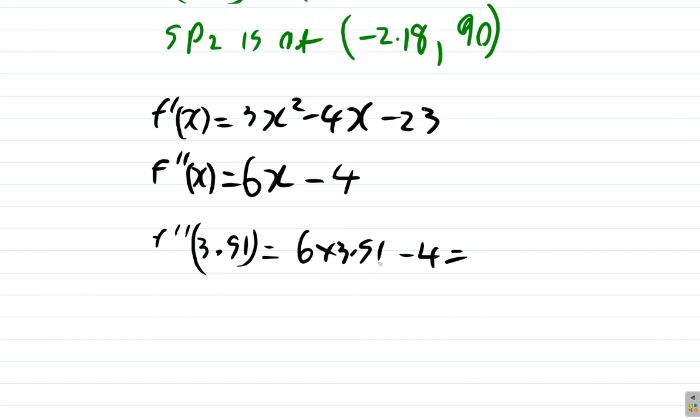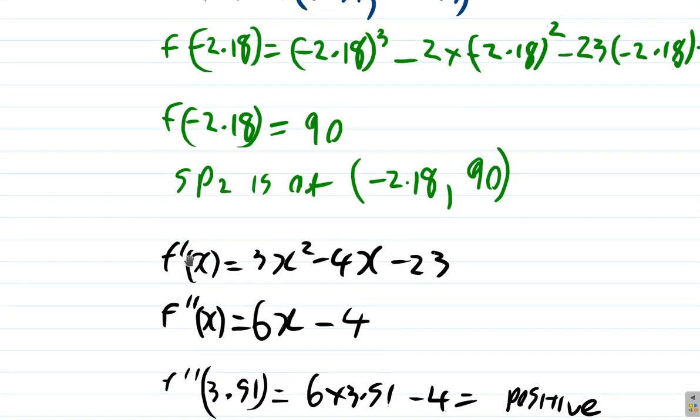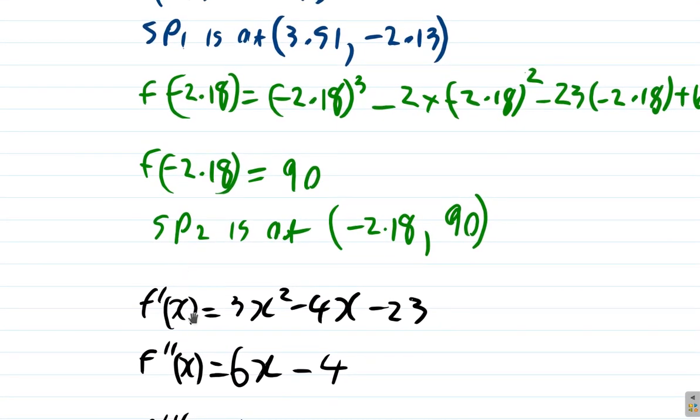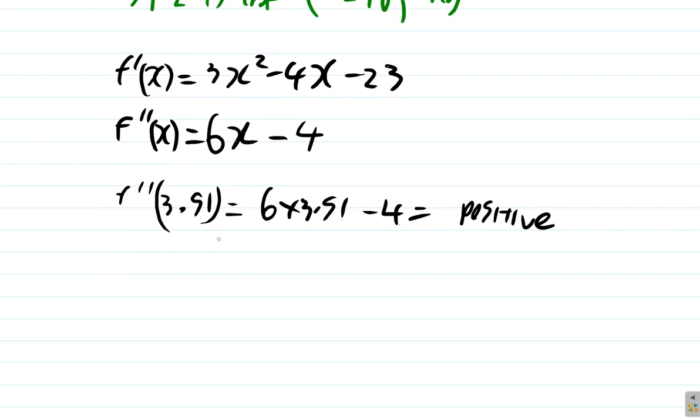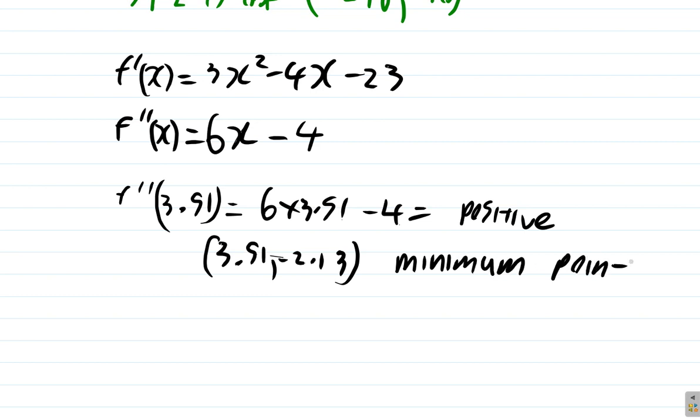Well, you don't even have to work it out: 6 times 3 is 18, and whatever that is minus 4, you're going to get a positive value. So therefore, 3.51 with the y-value we found is a minimum point.